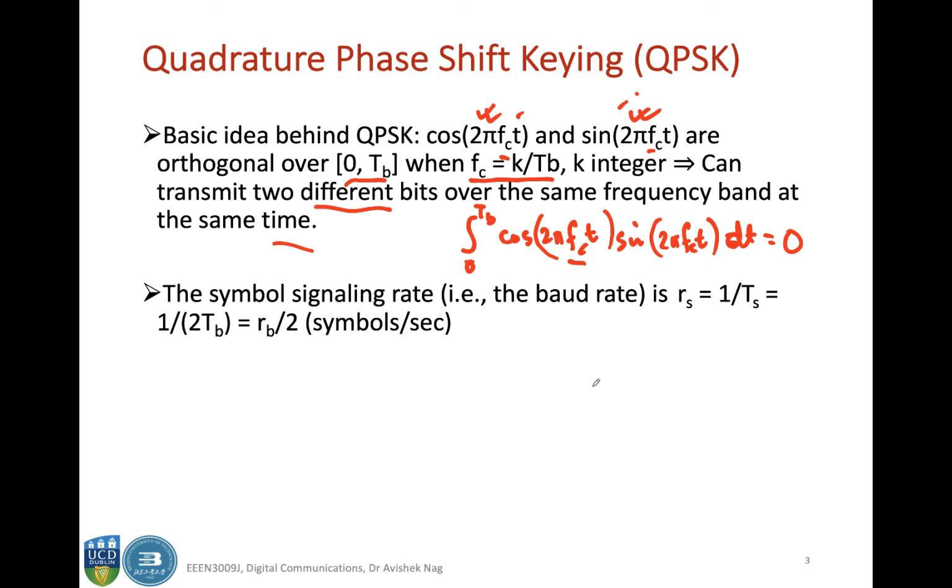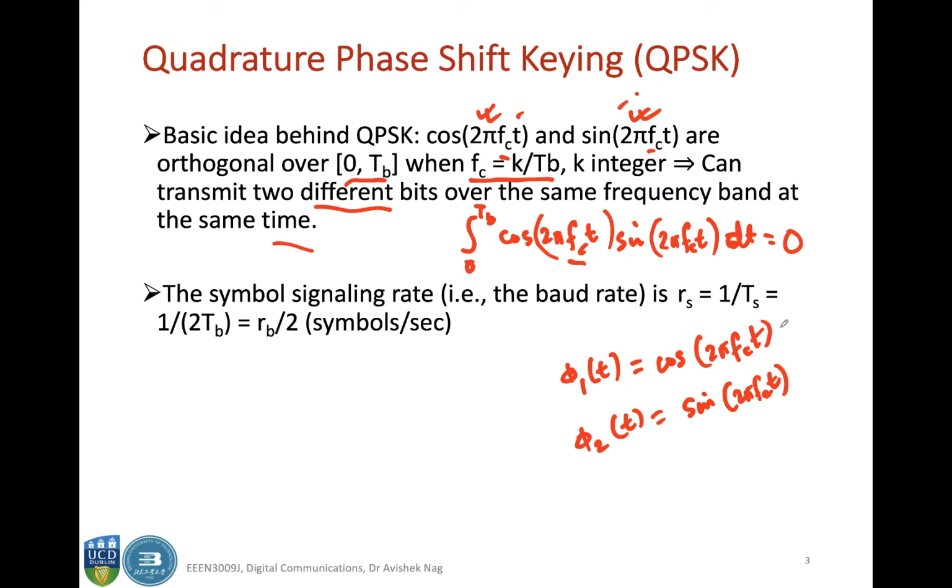Basically you can define your phi 1(t) as cosine 2 pi fct, and phi 2(t) as sine 2 pi fct.